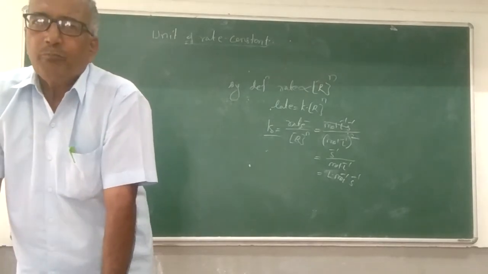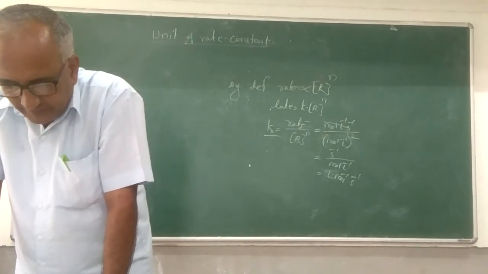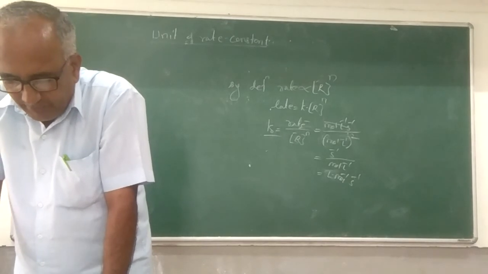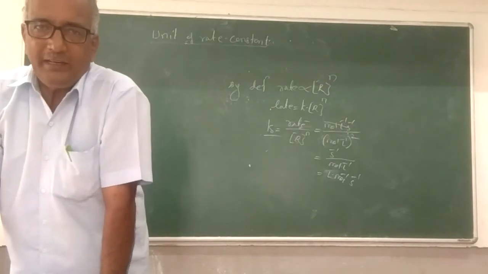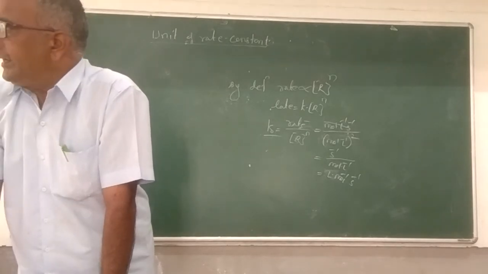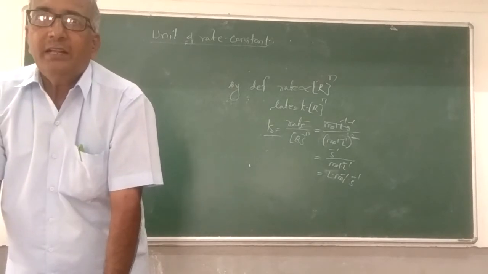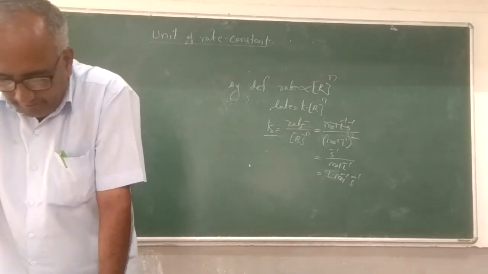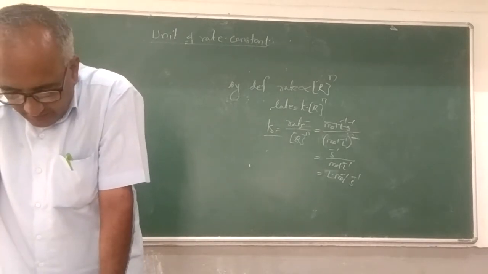The number of reacting species, either atoms, ions or molecules, that take part in an elementary reaction and must collide simultaneously to bring about a chemical reaction is called the molecularity of the reaction. So in a single step of a reaction, we observe how many molecules of the various reactants take part in the chemical reaction. The molecularity of the reaction may be 1, 2, or 3, and cannot be a fraction or 0.